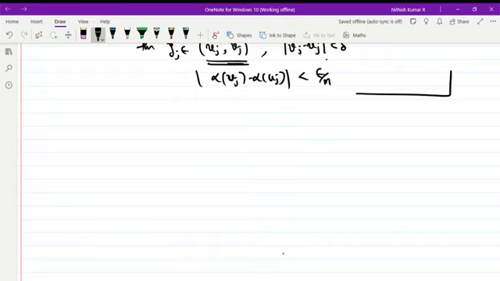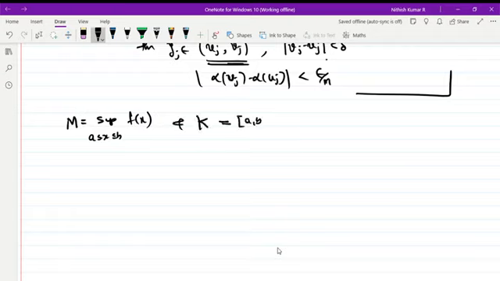Okay, now take M equal to the supremum of modulus of f of x, where x belongs to the closed interval [a, b], and take K equal to the closed interval [a, b] minus the union of the open intervals (uj, vj), where j is equal to 1 to m.